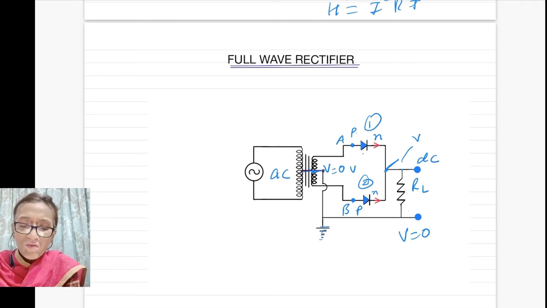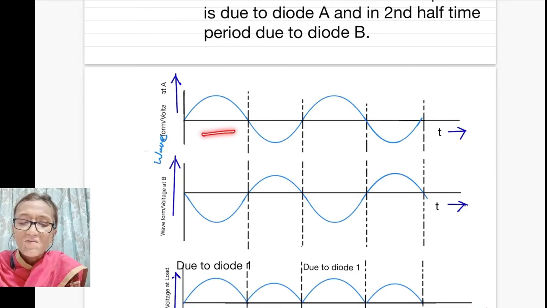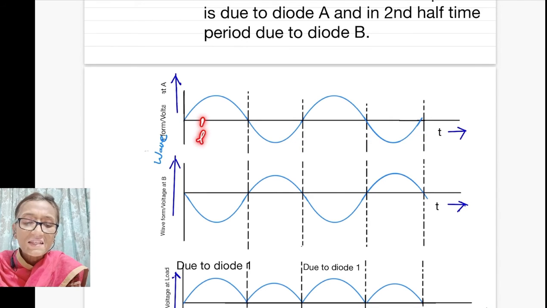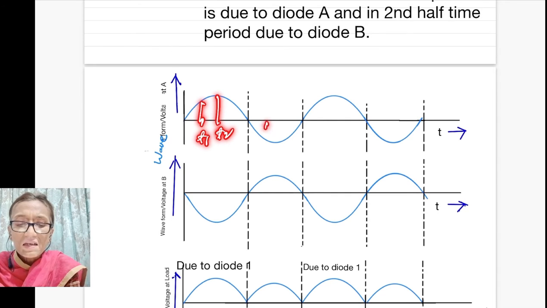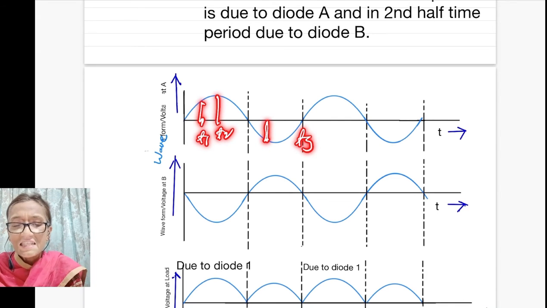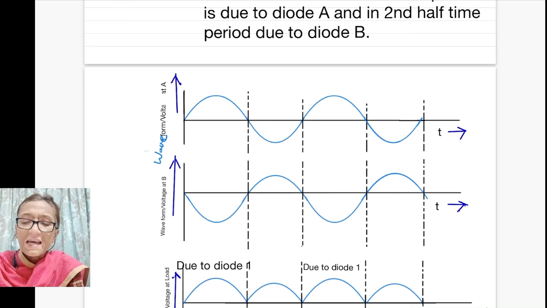So A will have voltage of this kind. It is time varying. At this time, suppose this is T1, voltage has this value. At T2, voltage has increased. And at T3, voltage is reversed. It has changed the direction and it has a different magnitude also. So this is the waveform at A.